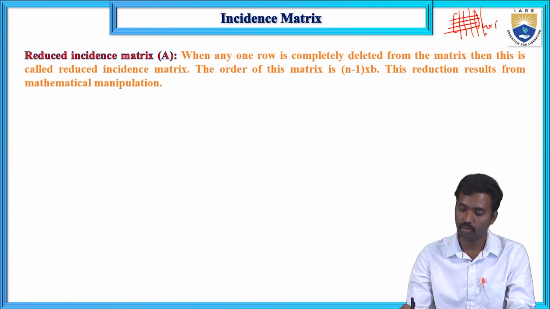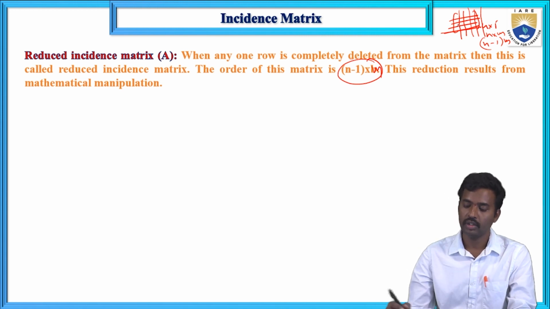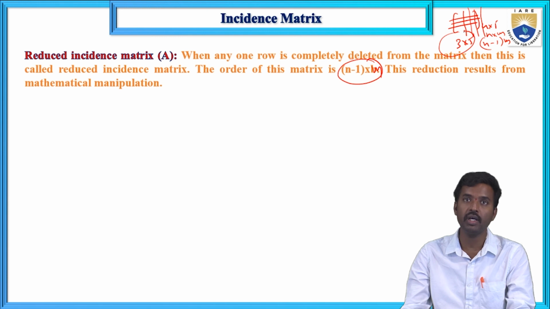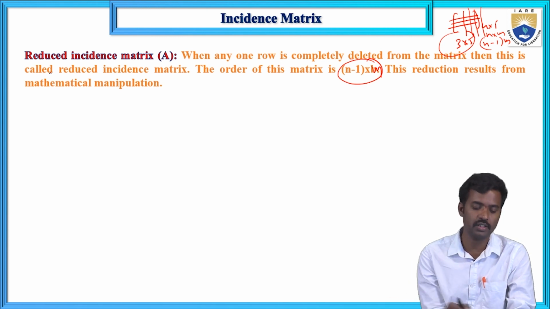The previous matrix is 4 by 5, n cross m, so if you delete one row, it becomes n minus 1 cross m, that is 3 by 5. If you delete one complete row from the incidence matrix, that is the reduced incidence matrix.